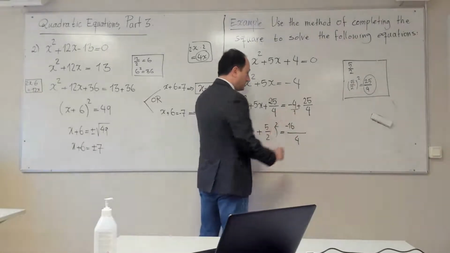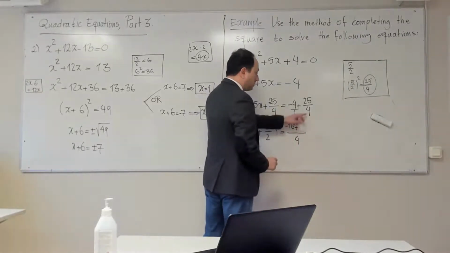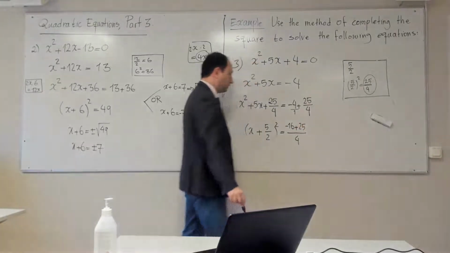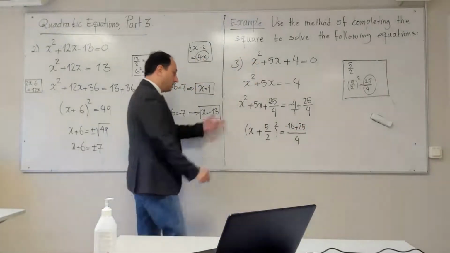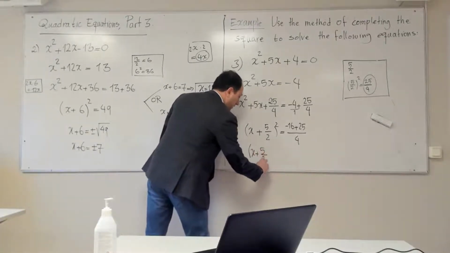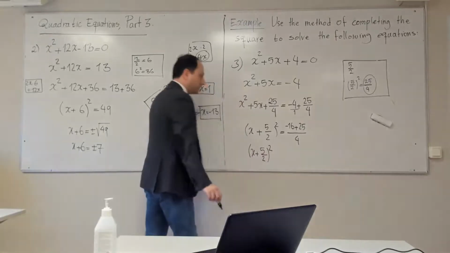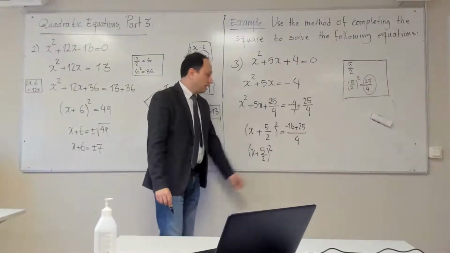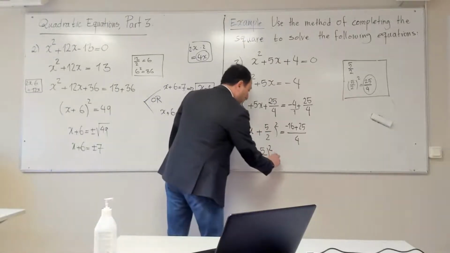And then I have a plus sign. And 4 divided by 4 is 1, 1 multiplied by 25 is just 25. Then let us simplify it one more step. So it is x plus 5 over 2 to the 2. On the right-hand side, I have 25 minus 16 is 9, and 9 divided by 4.